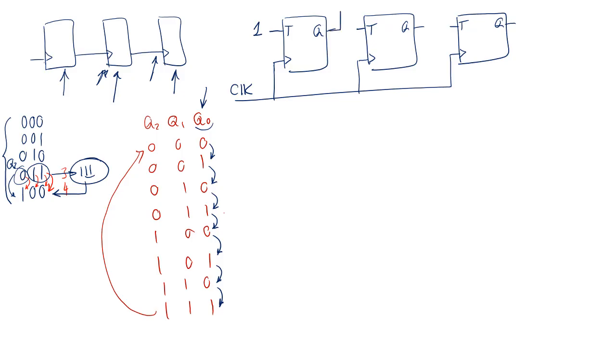I'm going to get a 0, a 1, a 0, a 1, a 0, a 1, and that's always true. But then how about Q1? How about Q2? What do I connect to the second and third flip-flop inputs to get that behavior? Pause the video and then resume when you are done thinking.